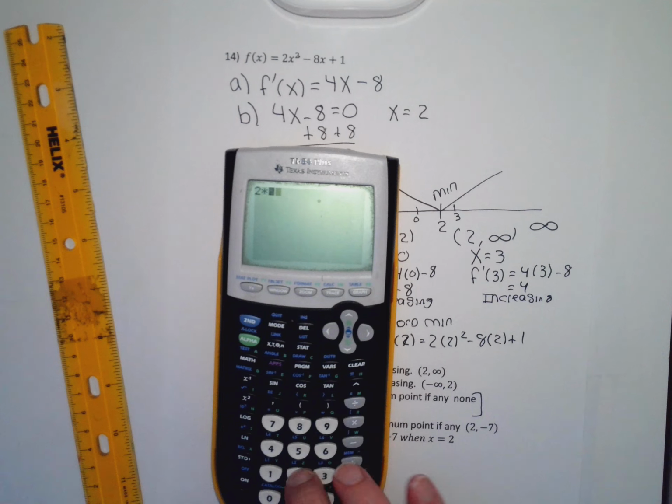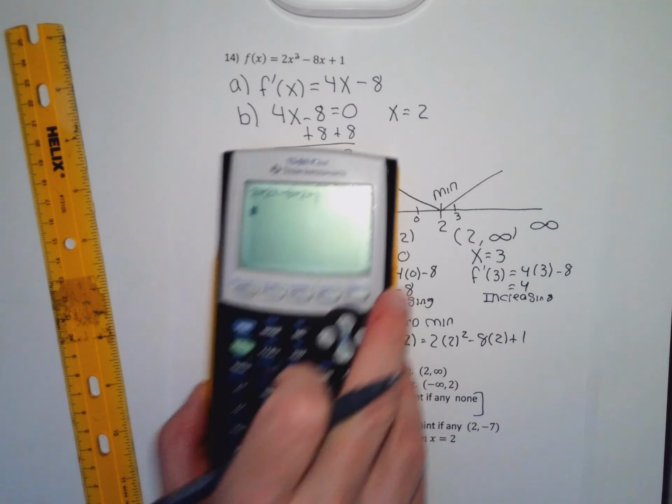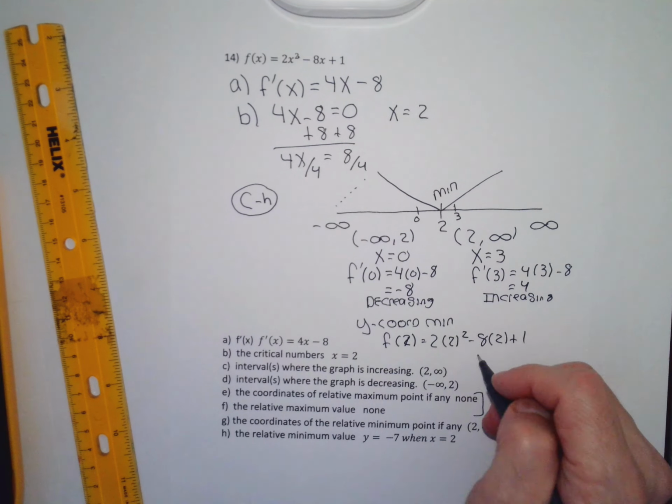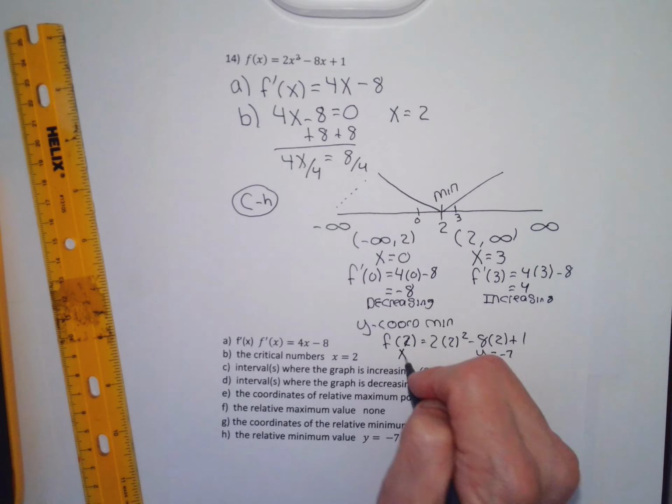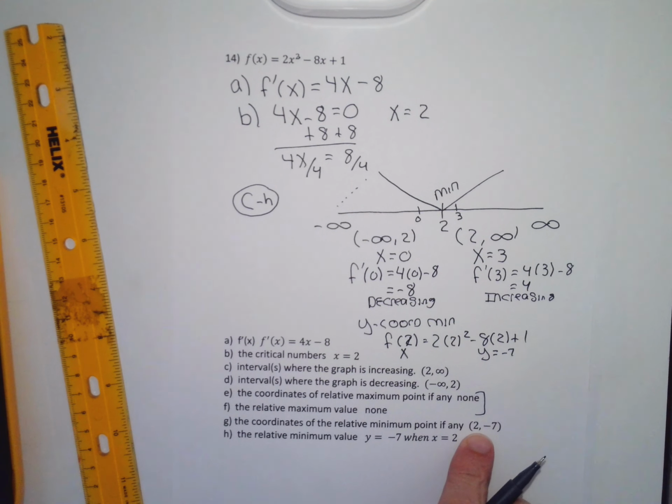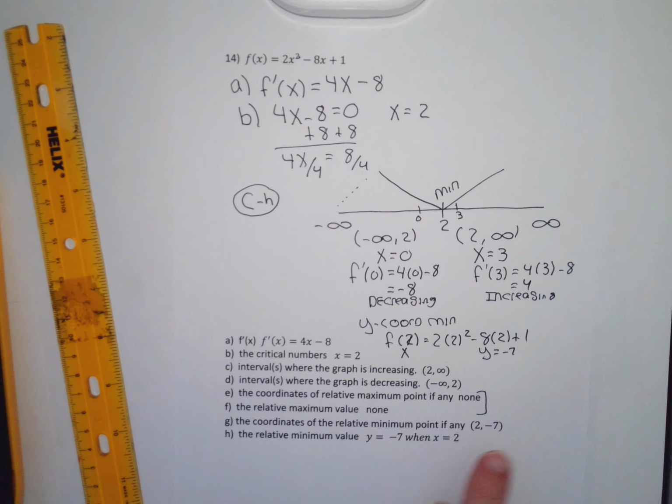I get -7, which is good. So this is the y-coordinate of the minimum point. This is the x-coordinate of the minimum point. So my minimum point is the point (2, -7). I finish out the problem by just describing the minimum value. The minimum value is the y-coordinate of the minimum point, which occurs when x equals 2.